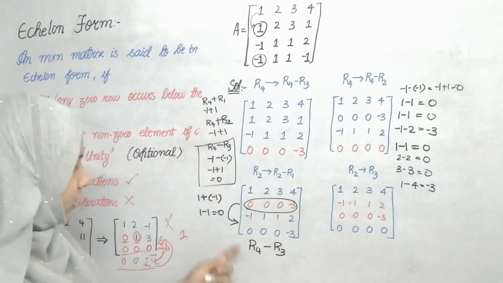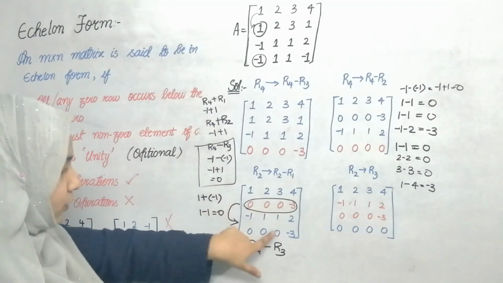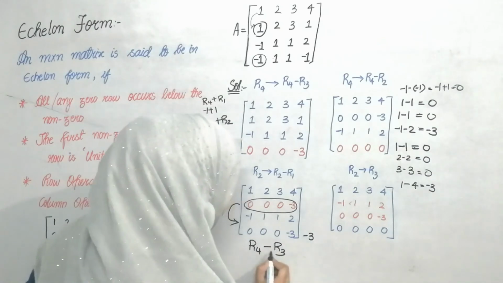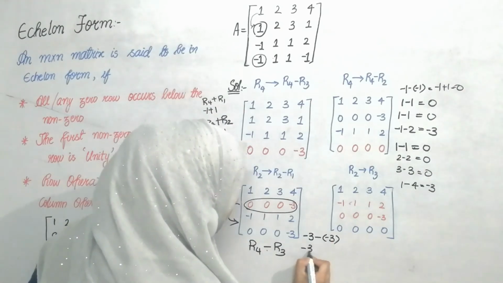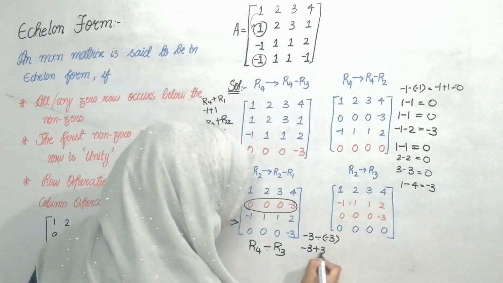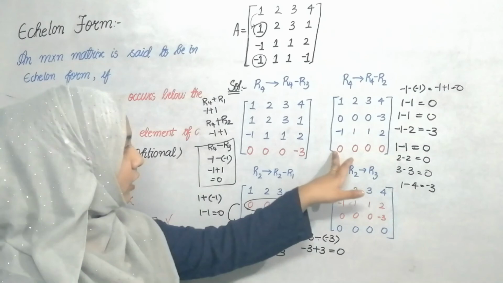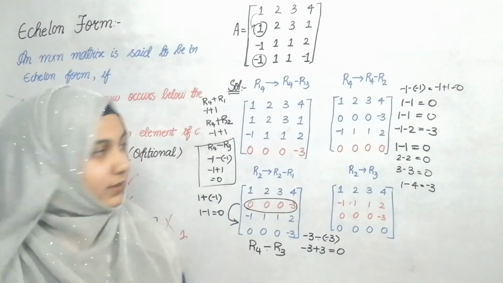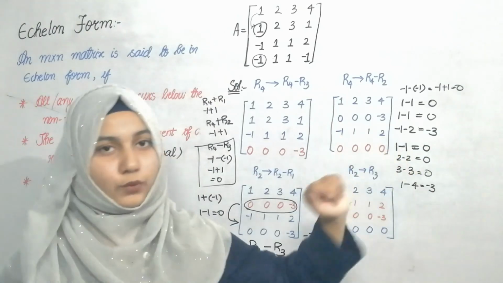So 0 minus 0, 0, 0 minus 0, 0, 0 minus 0, 0, and minus 3 minus of minus 3, that is minus 3 plus 3, which is 0. Got it? One entire row is now 0. Done. The remaining 3 rows will be as they are. We only made changes to the 4th row.